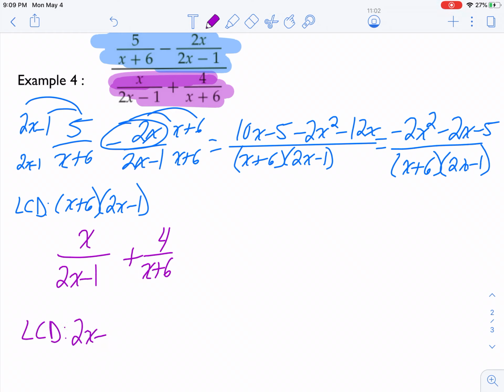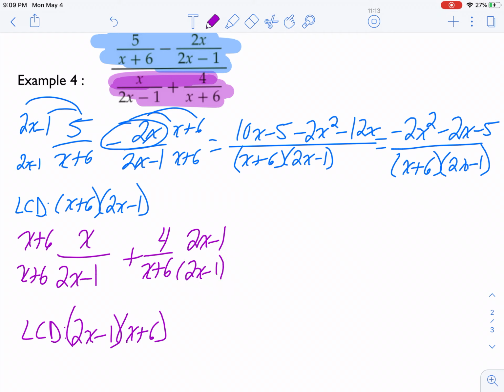Again, LCD is the same. And so I multiply top and bottom by x plus 6, top and bottom by 2x minus 1. Again, if you're struggling on why I'm doing this, go back to one of my videos over adding and subtracting on my YouTube page. That will help you out.